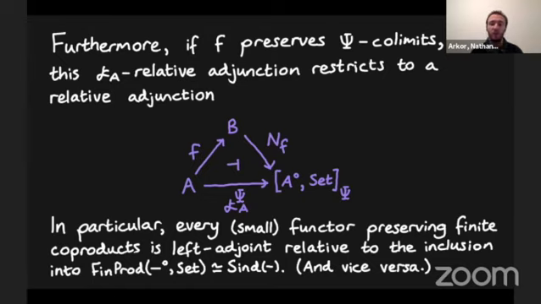Every left adjoint relative to the inclusion into the sifted cocompletion preserves finite coproducts. And so really we think of these as the same thing. And this is an analog of the adjoint functor theorem.